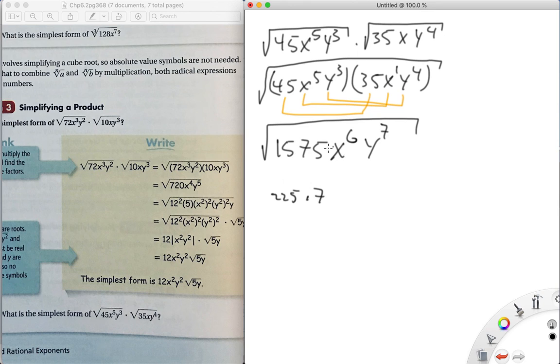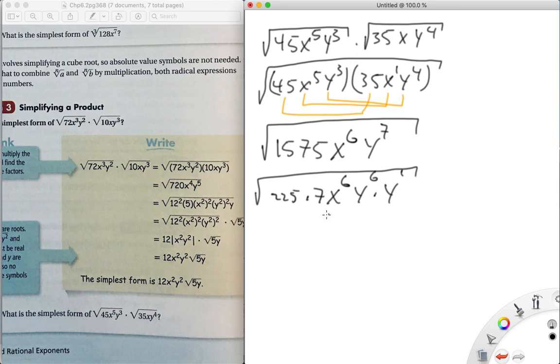Here I can divide, it's 6 divided by 2 and get 3, so I can leave this alone. Here, since this is 7 and 7 divided by 2 is a fraction, I'm going to split this up into y to the 6 times y, or y to the 1st. All of this is square rooted.